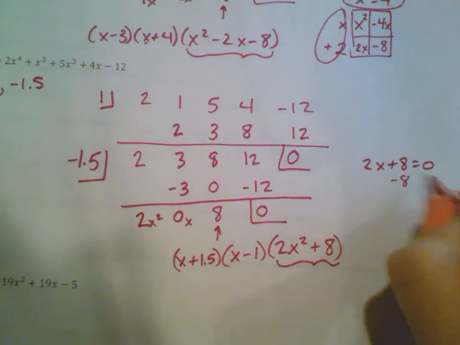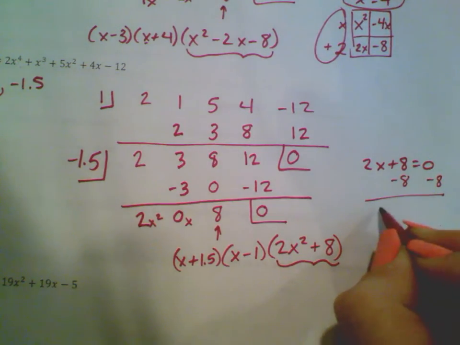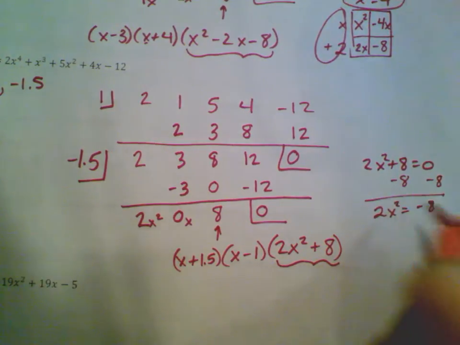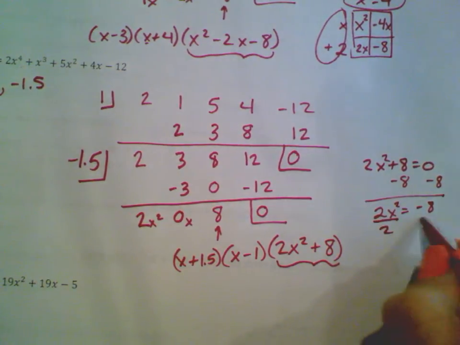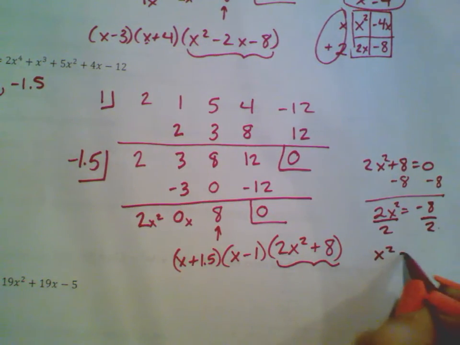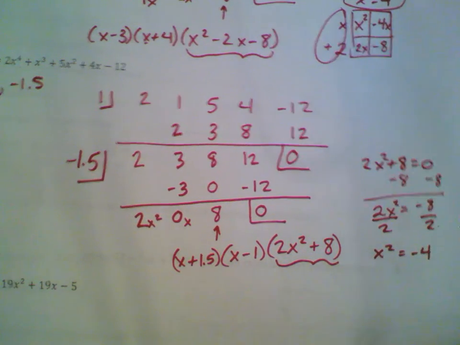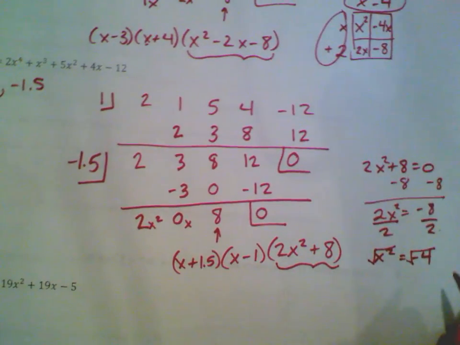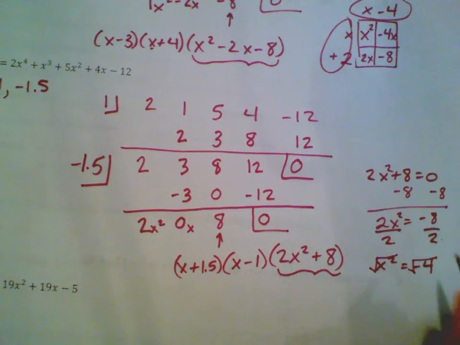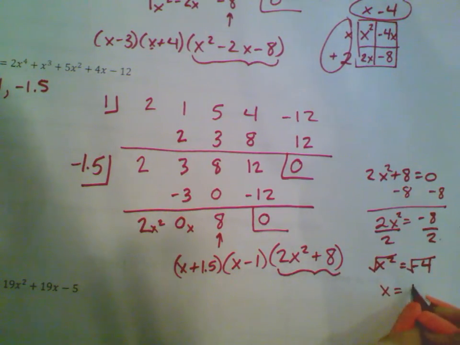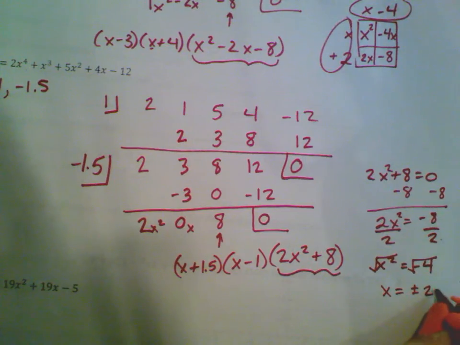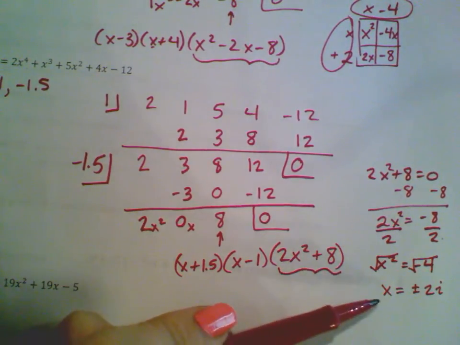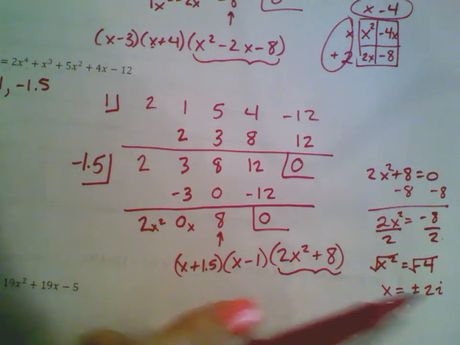I will subtract 8 from both sides and I get 2x squared equals negative 8. Now I'll divide both sides by 2 and x squared equals negative 4. If I take the square root of both sides, the square root of negative 4 is plus or minus 2i. So that gives me two solutions, a positive 2i and a negative 2i.